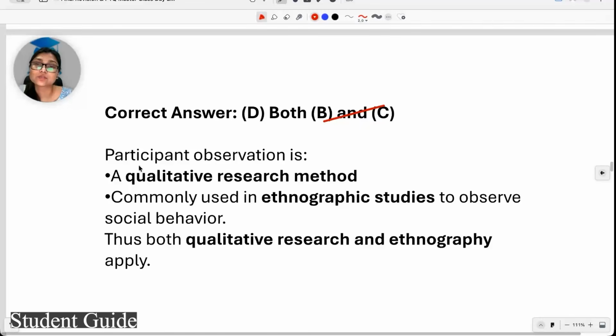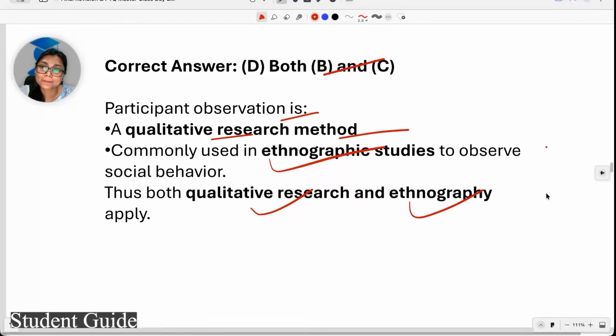Now, so participant observation is a qualitative research method, and it is commonly used in ethnographic studies and where you observe the social behavior of people. So both qualitative research and ethnographic research come basically in social science researches. So you need to keep that in mind, that in social science research fields the participant observation method is used.